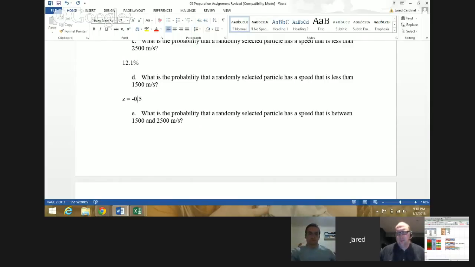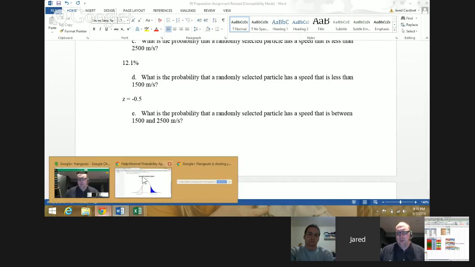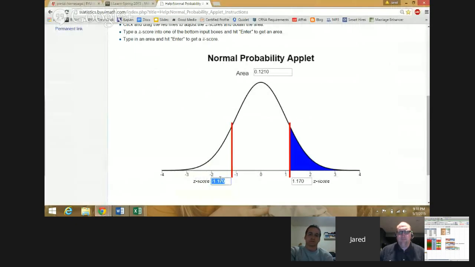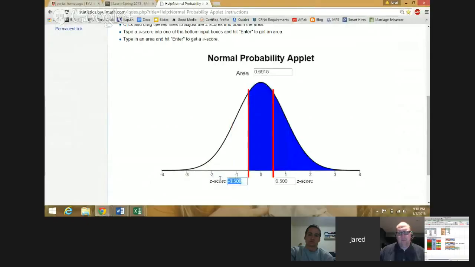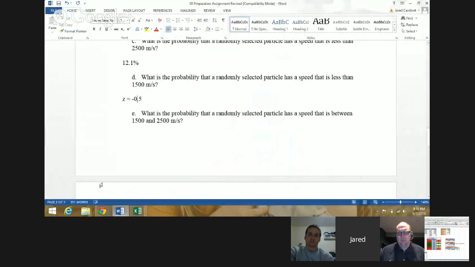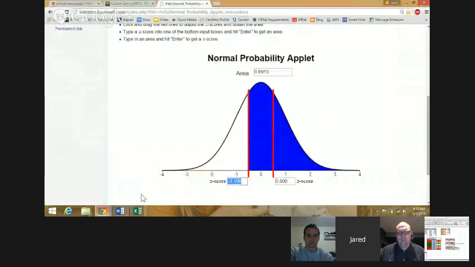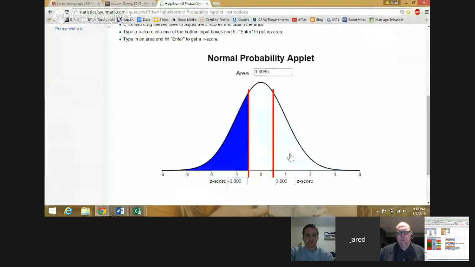Then we'll put that in on the left side, negative 0.5. We want the probability that it's less than, so we highlight the blue area beneath it, and it comes out to 0.3085.